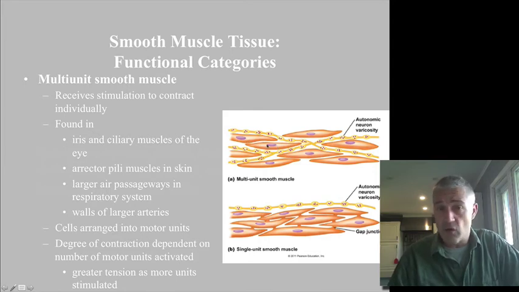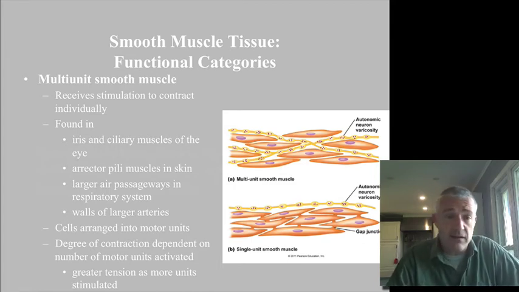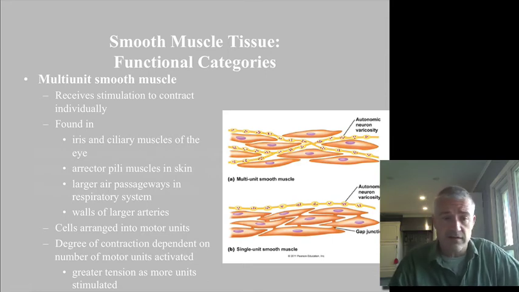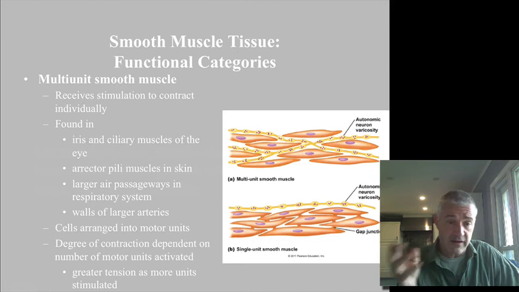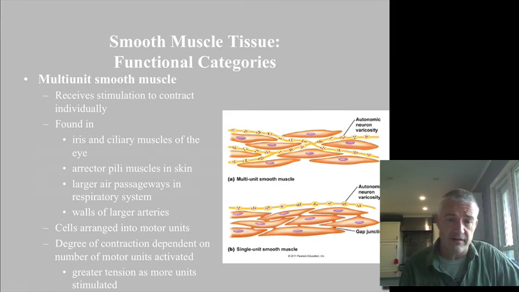So this is acting more like a motor unit, like we saw with skeletal muscle. So we see this in the eye muscles, your erector pili muscles, certain walls of arteries, the respiratory system. Again, arranged in motor units where you have these neurons coming in there and these varicosities off that. Greater tension, again, in the smooth muscle as more is stimulated.